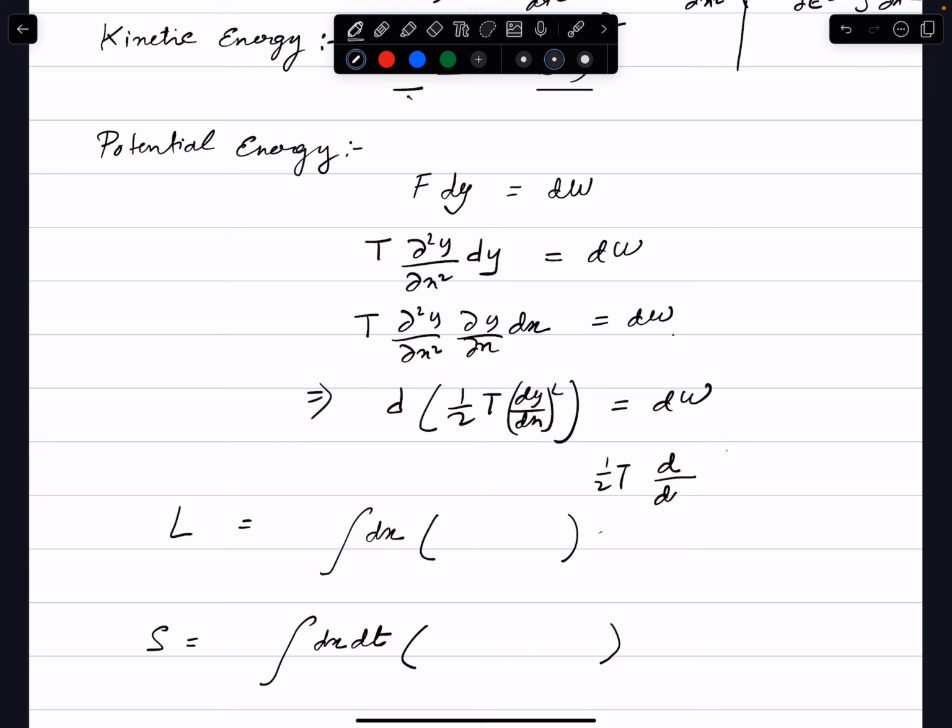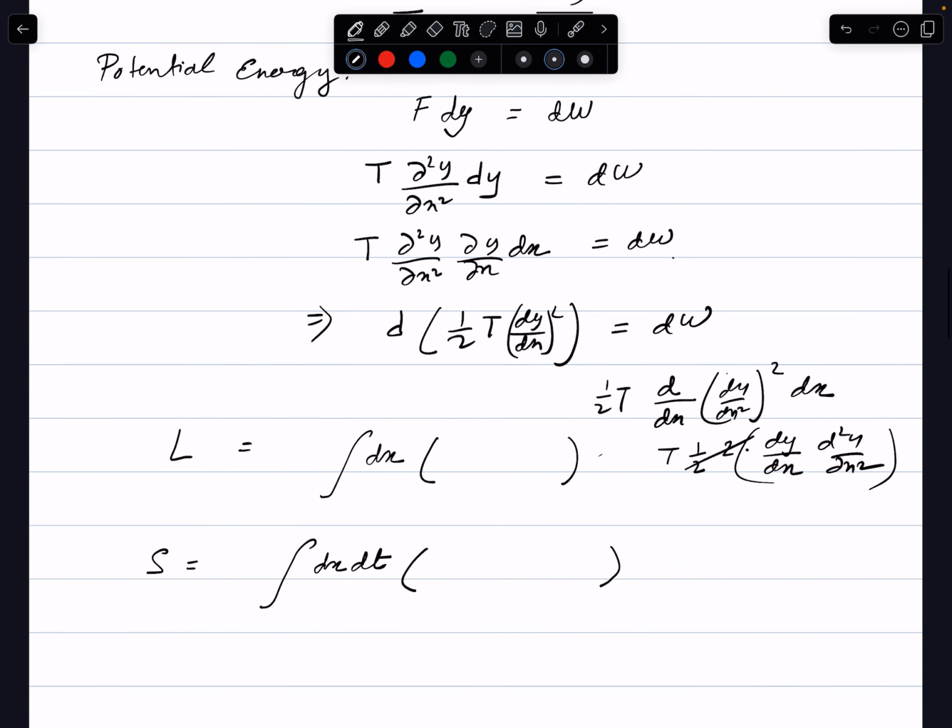So this is d dx of dy dx square into dx, because if dx cancels, I get this again. If you take this derivative, you will get half, 2 comes down, dy dx, and then by chain rule d2y dx2, which is the same thing that we had here. Okay, so this is correct.